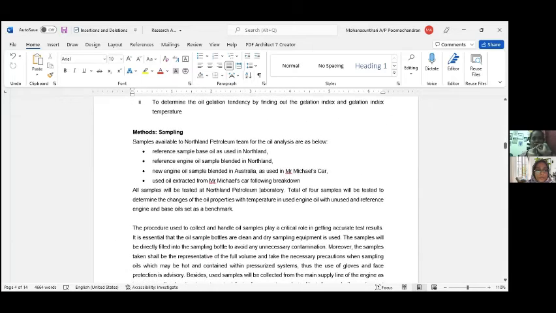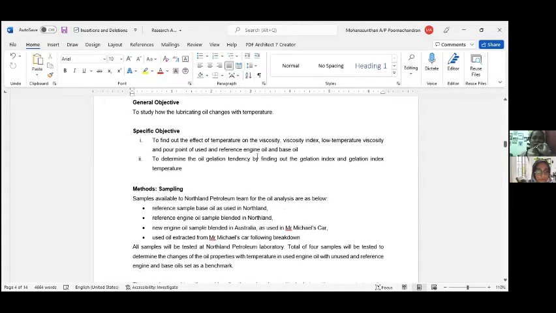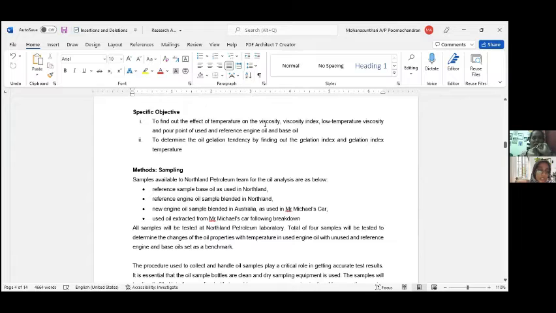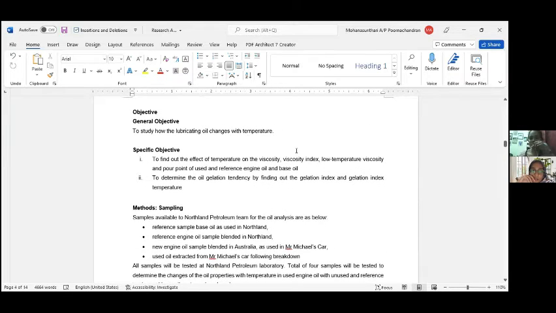So that is our objective. Our general objective is on how the lubricating oil changes with temperature. You can explain why we want to study oil changes with temperature: since in Australia the temperature is quite different from Northland, we suspected it could be due to the temperature effect on the oil.